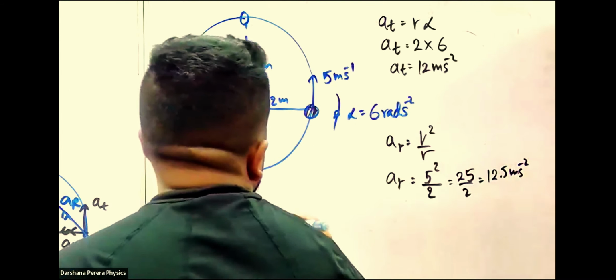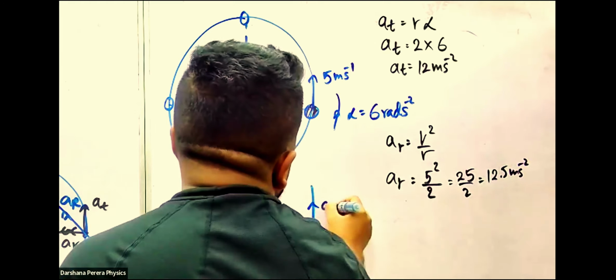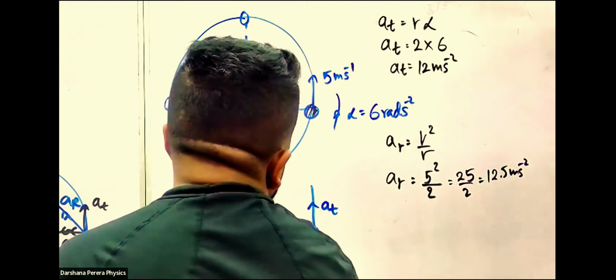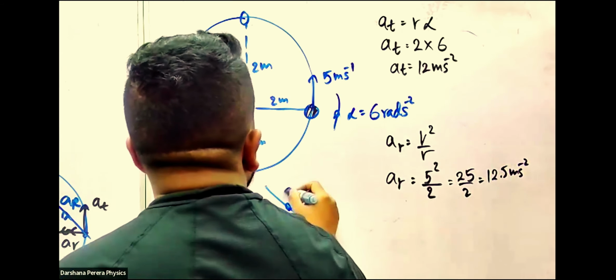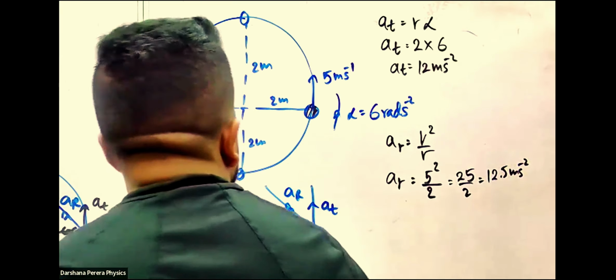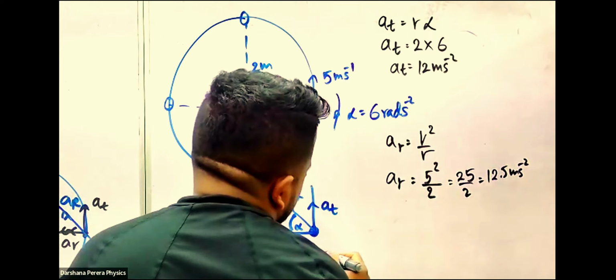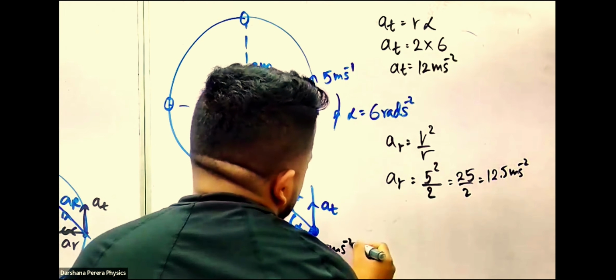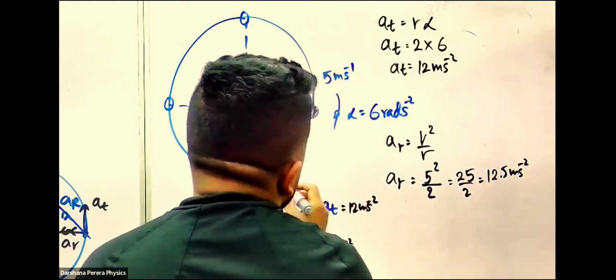The tangential component AT is along the tangential direction. The radial component is in the radial direction. The resultant is AR, that's in this direction. So AR is 12.5 m s minus 2 and AT is 12 m s minus 2.